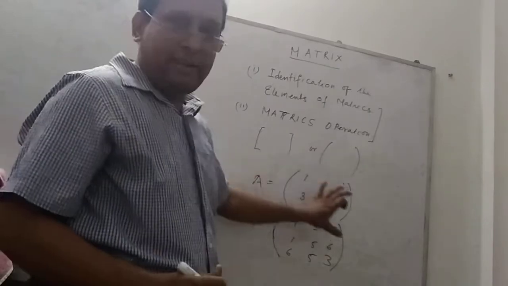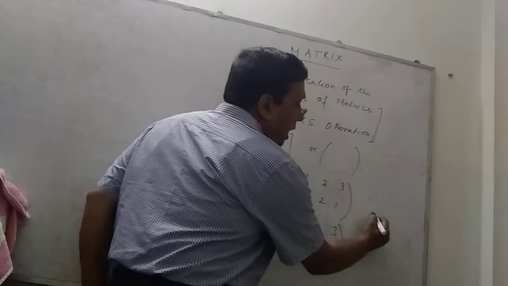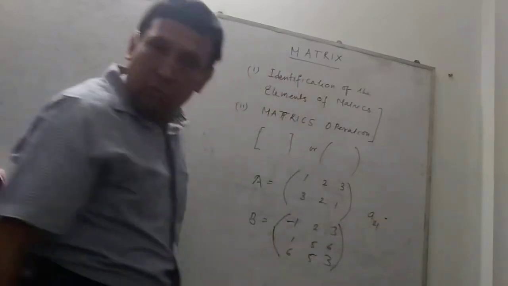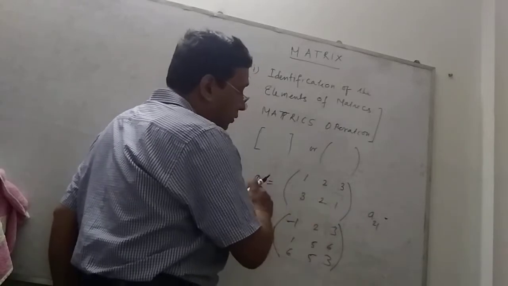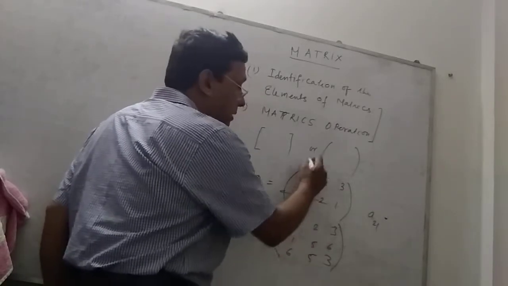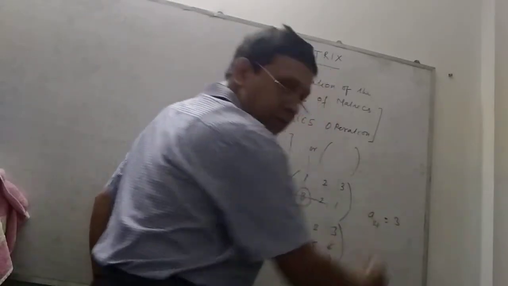Now in the first matrix, if I ask what is the value of A21? A21 means second row and first column. Second row, and first column means this one, and that is nothing but 3. So A21 is equal to 3.